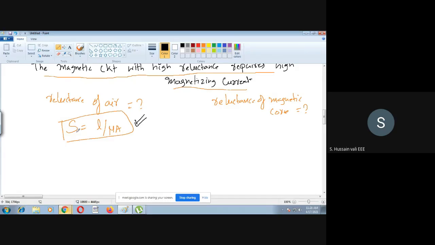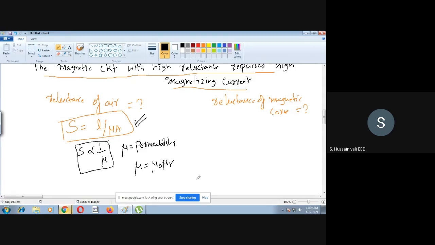Now you see reluctance. L is the length of the flux path. A is the cross section. Now from this equation we can say S is inversely related to mu. So what is mu here? Mu is nothing but the permeability. Permeability can be written as mu naught into mu r.